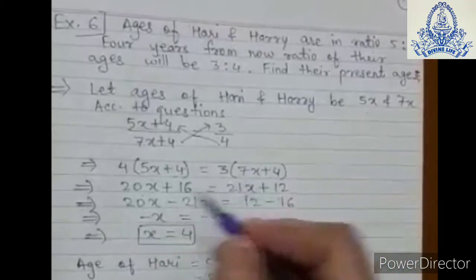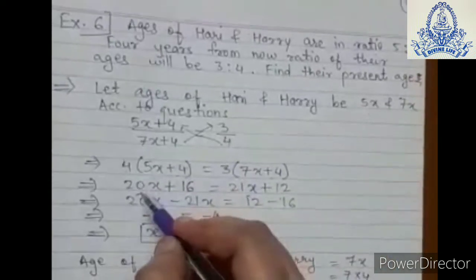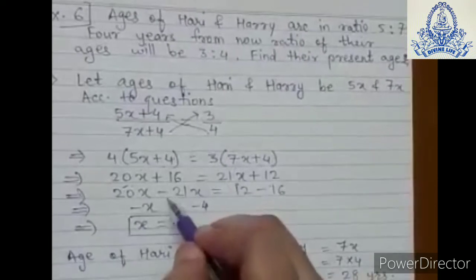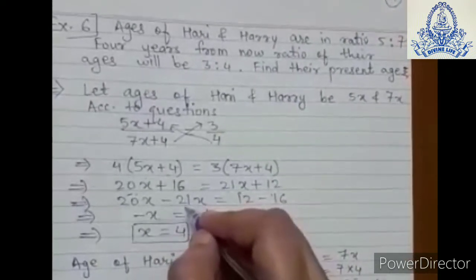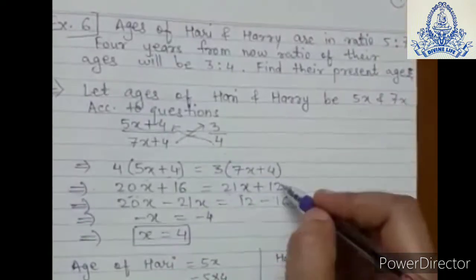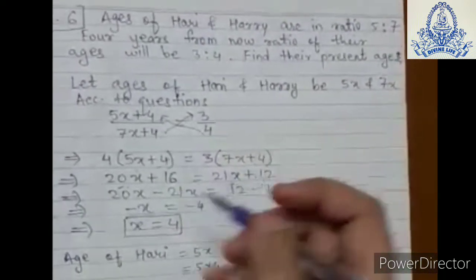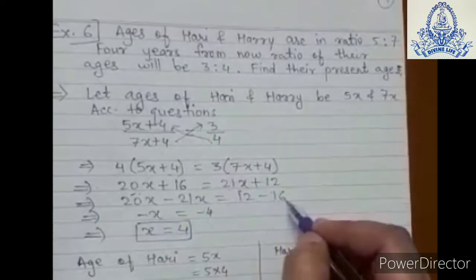So this is also an x term, this is also an x term. Again bring the x terms together, 20x, this 21x is positive, so while bringing it to LHS it will become negative, so minus 21x. Plus 12, while bringing it to RHS it will become negative. Okay, 20x minus 21x is equal to 12 minus 16.